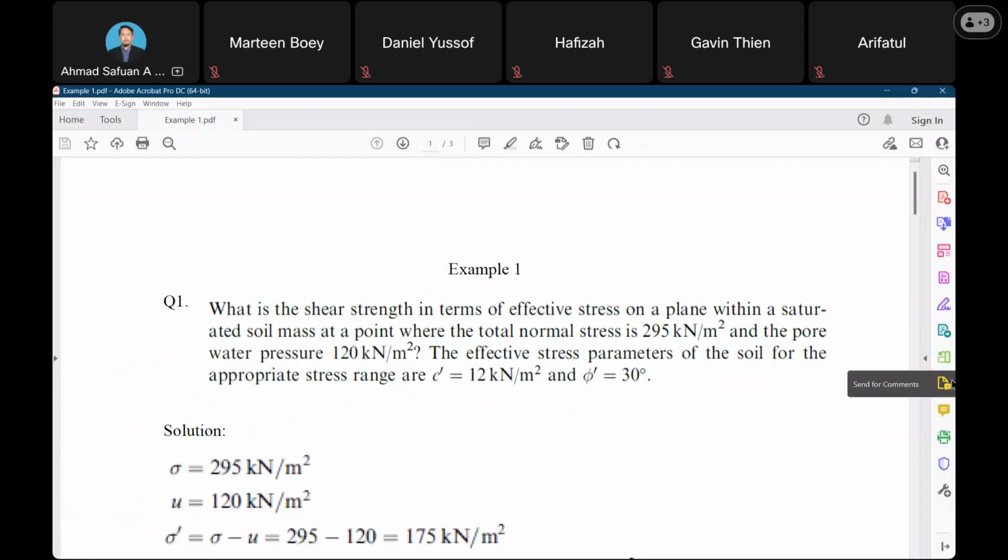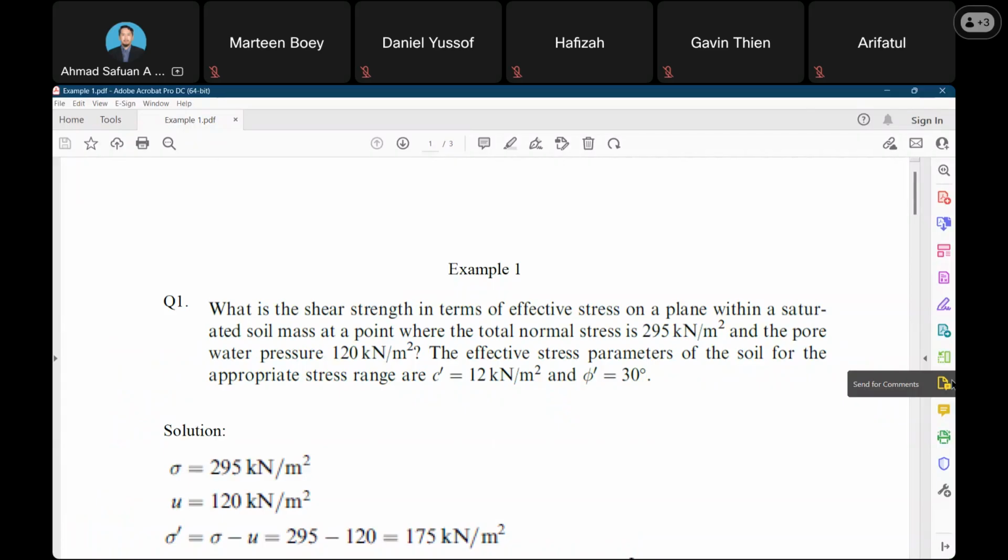So what is the shear strength in terms of effective stress on a plane within a saturated soil mass at a point where the total normal stress is 295 and the pore water pressure is 120? Now we want to get the effective stress in order to get the shear strength.